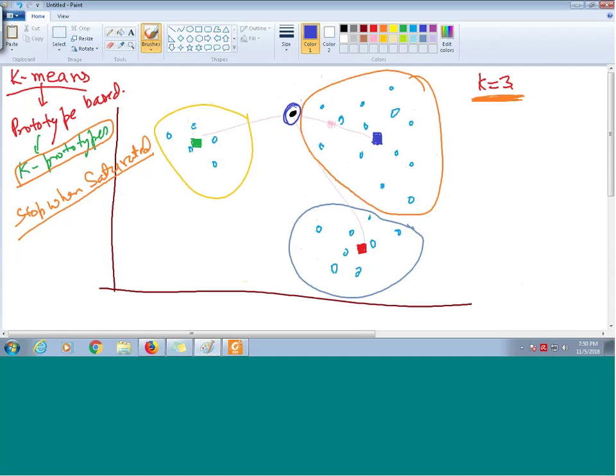Does everybody understand this? We have used this clustering to find out the classification. And in this classification, how many items did we consider? Did we consider the nearest neighbors?